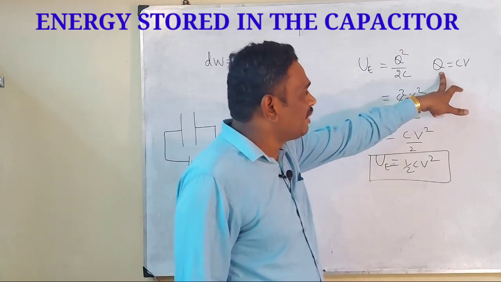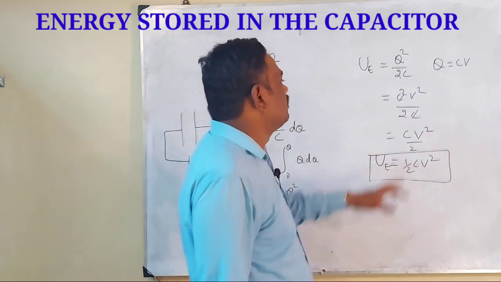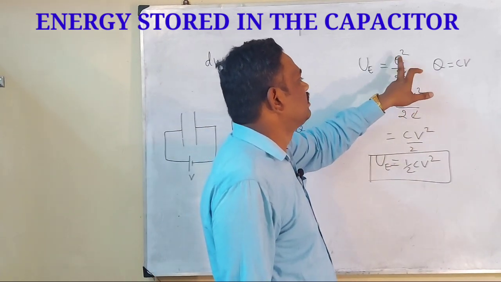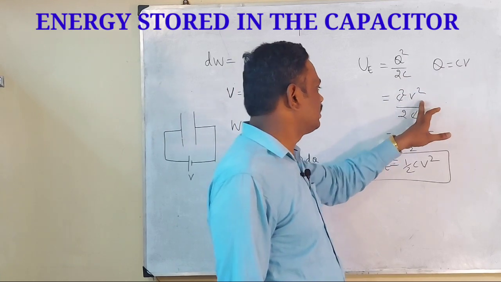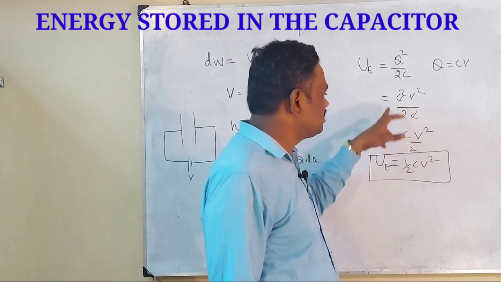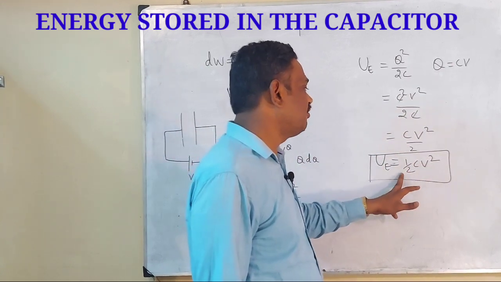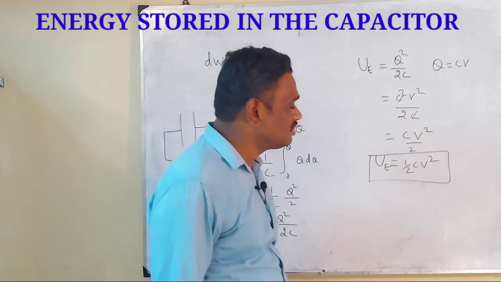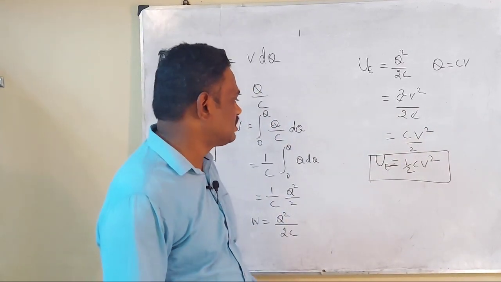From the capacitance of a capacitor, we know q is equal to CV. Substitute q square, which is C square V square; here we can cancel one C, so the remaining is CV square by 2, which we can write as half CV square. So this is the energy associated with the parallel plate capacitor.